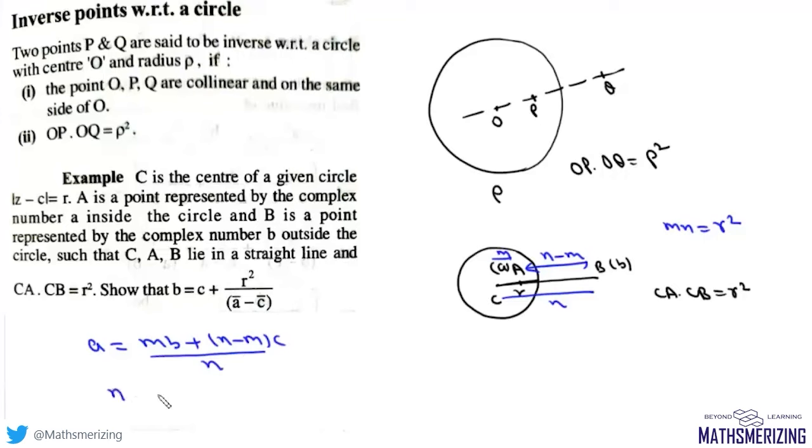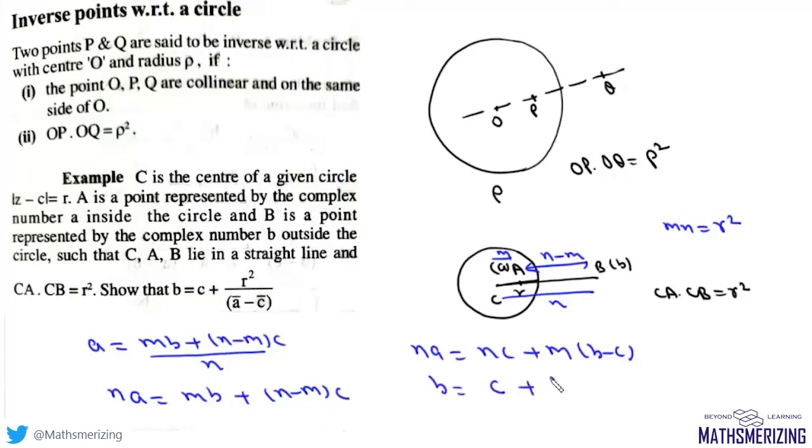Now we can write na equals mb plus (n minus m)c. We can also write this as na equals nc plus m into (b minus c), or we can write b equals c plus n by m into (a minus c).